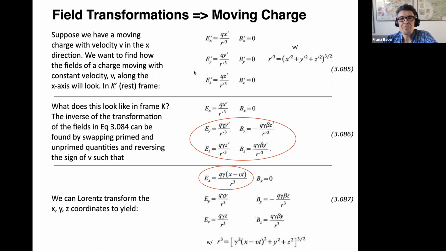So the full-blown transformation from our standard Coulomb's law in the rest frame to the observed frame, moving with some velocity, ends up having these extra terms. This is how you would see it.